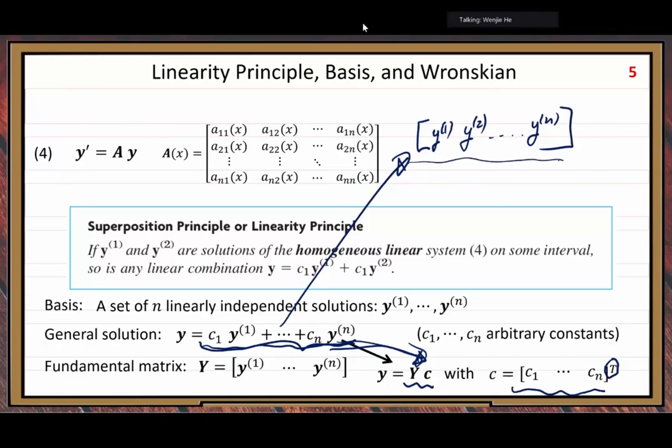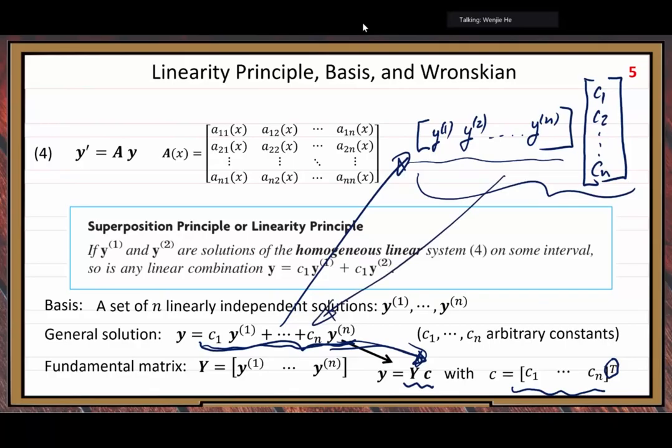Then the product with C1, C2, dot, dot, dot, Cn, in column vector form, the C vector as a column vector. When we do multiplication between them, the multiplication of that equals this. Can you see that?